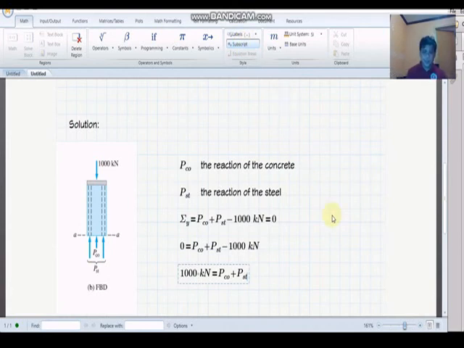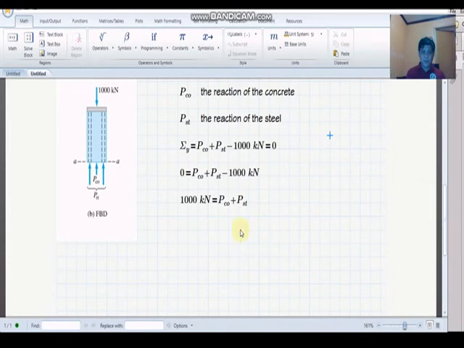That is our equation, but we can still further simplify it. It's better to express your equations in terms of stress. We have PCO in terms of force and PST in terms of force, but the final requirement is the stresses for both materials. So it's better to express these forces in terms of stress.